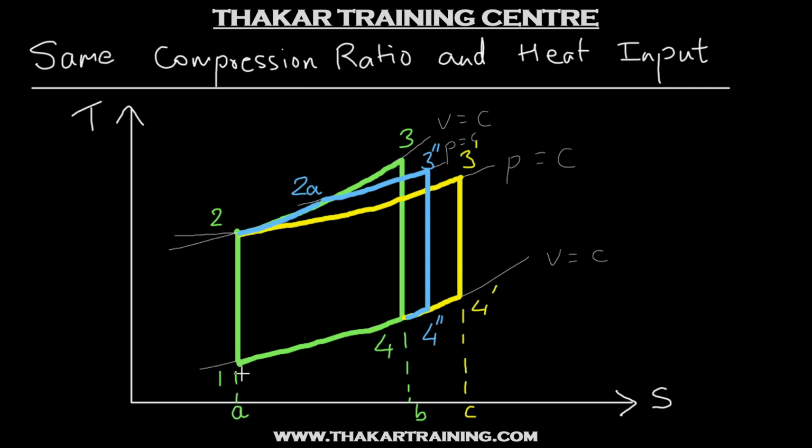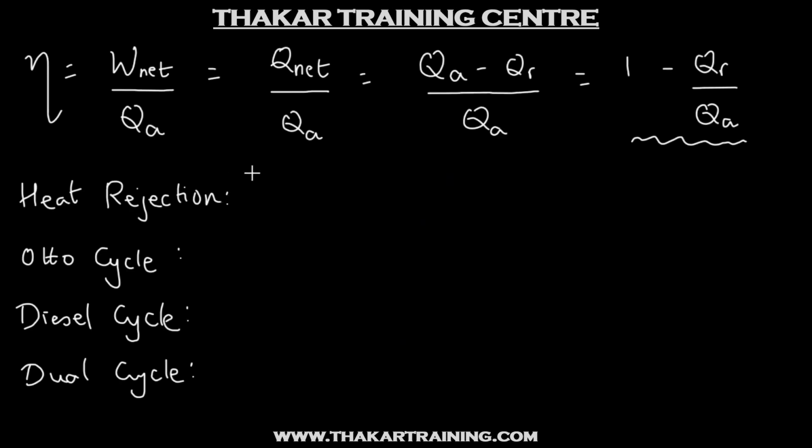It will be this area A1 4B. This is the heat rejection process. The area under that will be the heat rejected. So heat rejection of the Otto cycle is given by area A1 4B and back to A. So this is the enclosed area that is showing heat rejection for the Otto cycle.